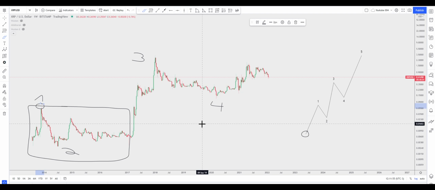It is a theory, okay? 2, inside the source, or 0, just a little bit. 3 is the most profitable wave, always. 4, a little correction, and then 5, the final run.